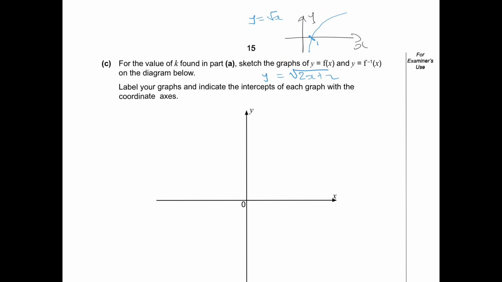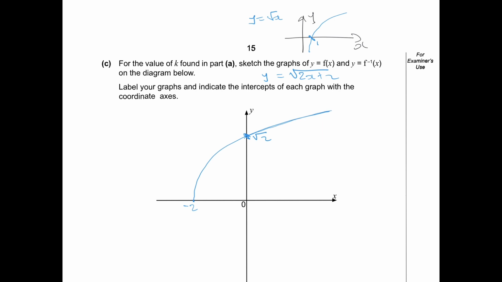So the graph of y is equal to square root of 2x plus 2 should be a graph that goes like that, where this part here is -2, and here, of course, that's square root of 2.